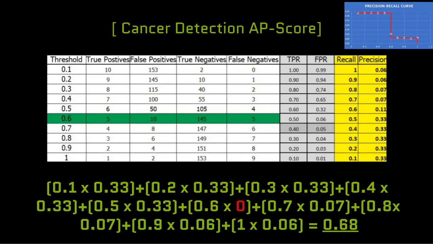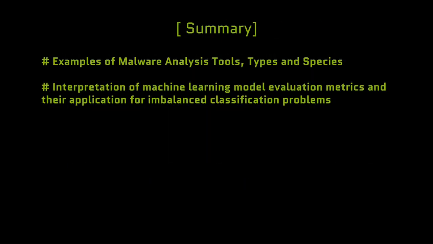So now I would like to give you a brief summary of what we have learned so far. The main purpose of this chapter was to get a basic understanding needed for future chapters, which will be focused on applying machine learning algorithms. I hope you have been able to get an accurate and basic understanding in terms of examples of malware analysis tools, types and species, interpretation of machine learning model evaluation metrics and their application for imbalanced classification problems.